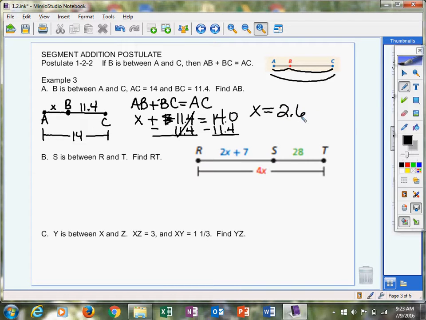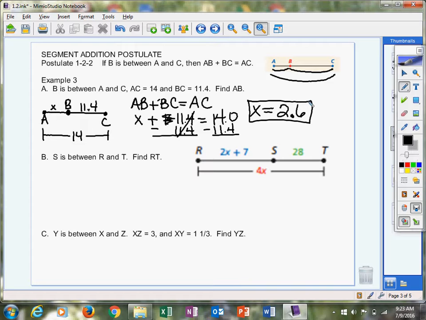And yes, the length is 2.6. Exactly. Good job. So that's the math behind it. That's the algebra. Some of you are like, ooh, this is a lot more fun when we throw some algebra in here. And it's going to be more and more like that as time goes on. So continue to be excited. It's not always going to be like this, but we're going to have some opportunities for some algebra.